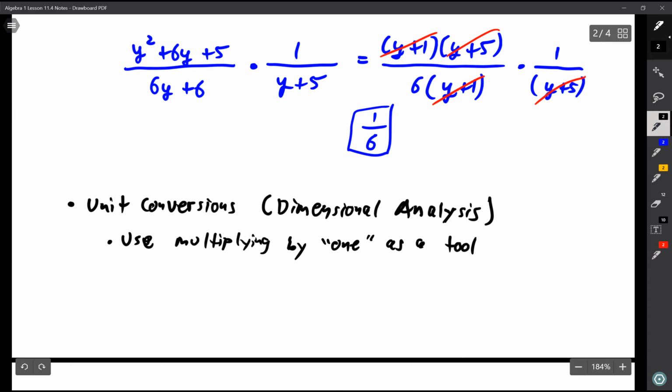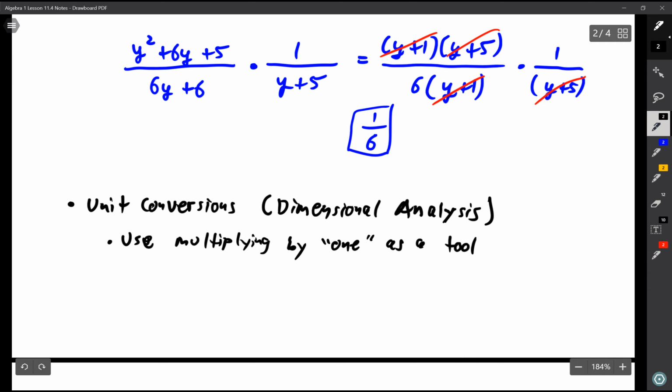And I can flip that upside down. I could also say 1 yard over 3 feet. Likewise, I could say something like 5,280 feet is 1 mile.